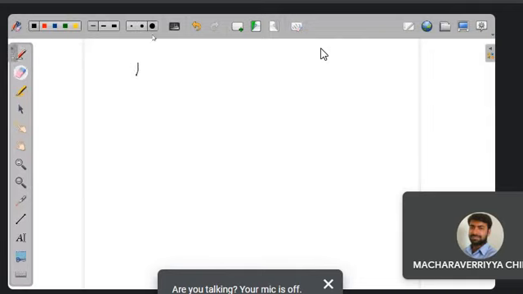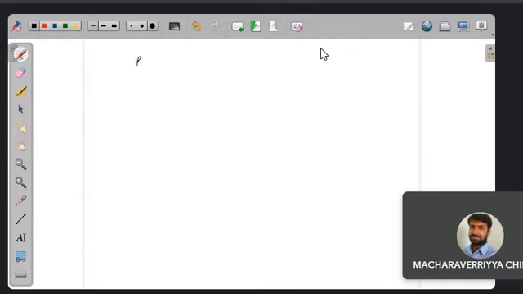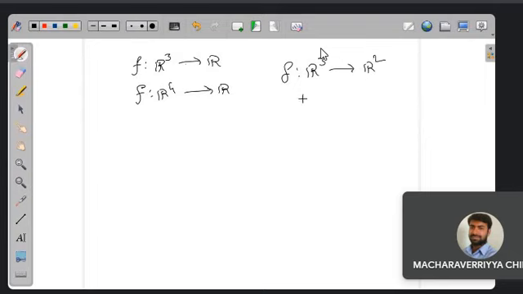So far you might have seen a function from R3 to R, and a function from R4 to R like that. But now let's think about a function from, let's say, R3 to R2. Yeah, you may say, sir, we studied linear transformations.